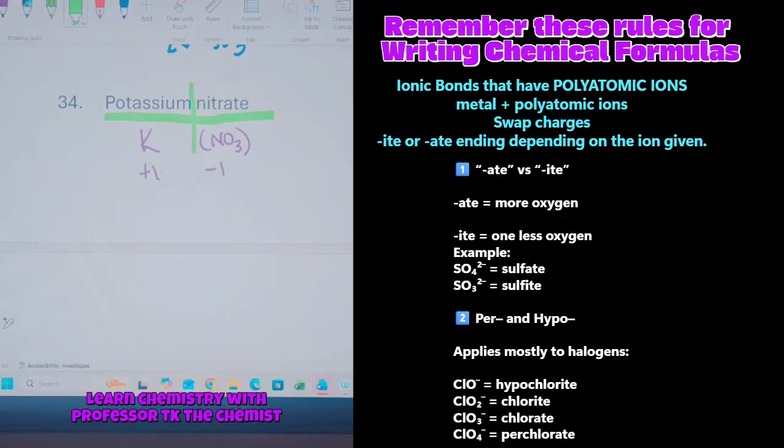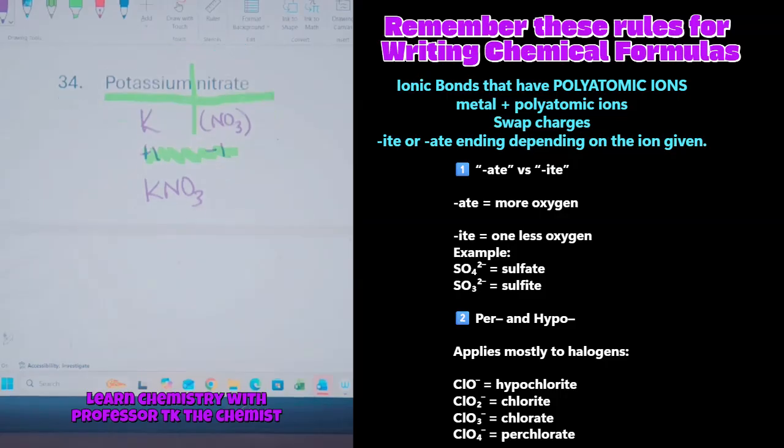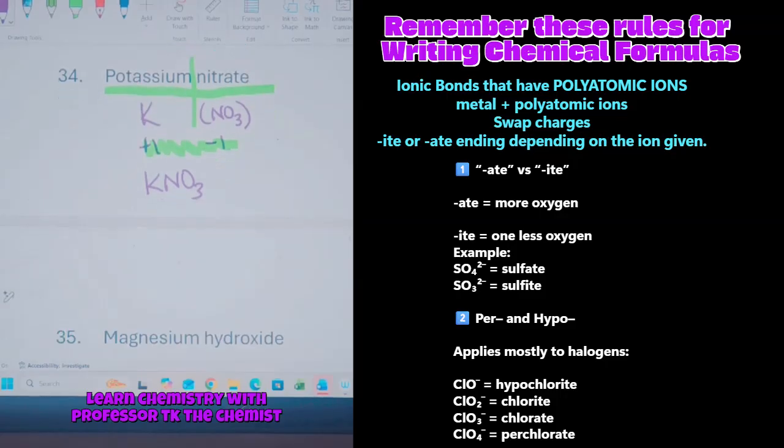But in this case right here, the ones are going to cancel out, so your formula becomes KNO3. Okay? That's the formula for potassium nitrate. The parentheses will fall off, so you don't have to write the parentheses because it's not picking up a number greater than 1.